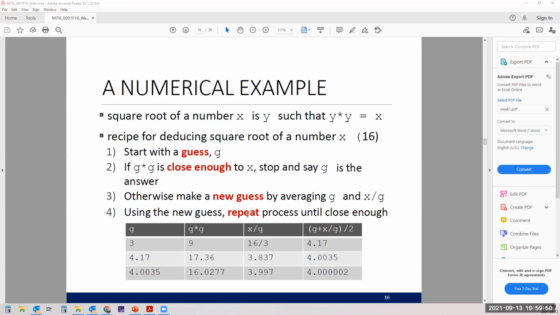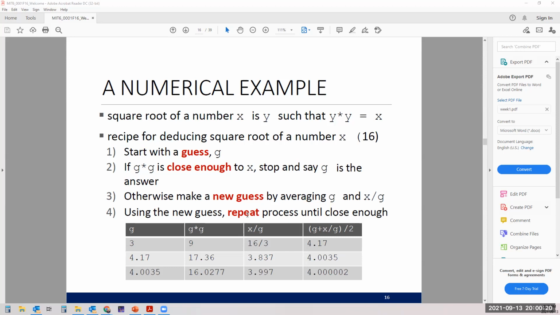If I ask you to find the square root of a number x, let's assume that the number is x and the square root is y, such that y times y equals x. This is a simple mathematical definition of the square root, right? Okay, what is the recipe or the imperative knowledge that we are going to follow as a human?